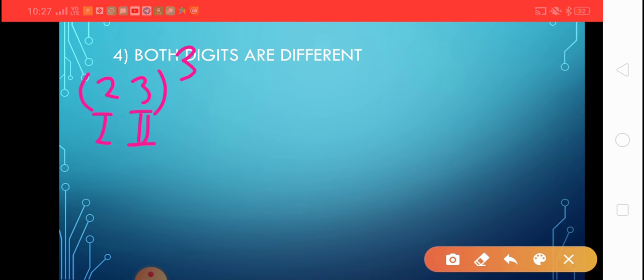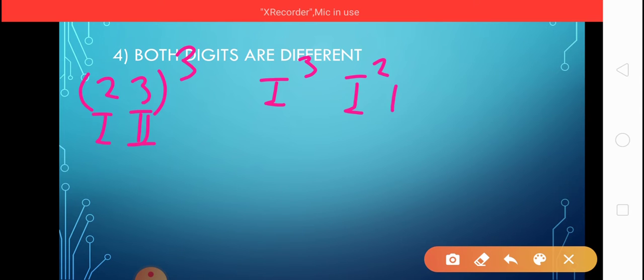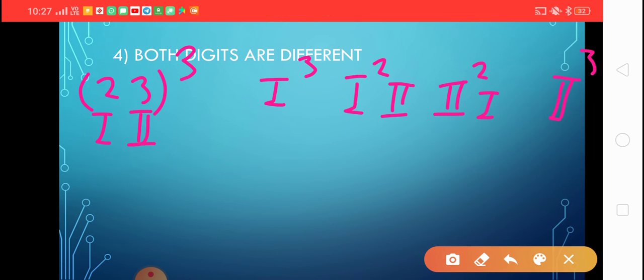So in this case the upper line will be first cube, then first square multiplied by second, second square multiplied by first, then second cube. You just have to remember this thing. I am repeating it once again.